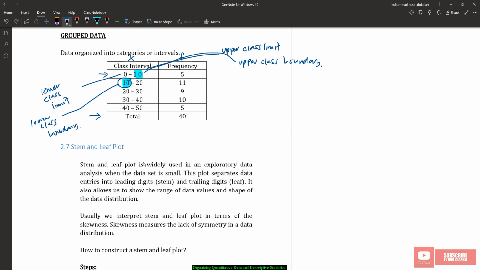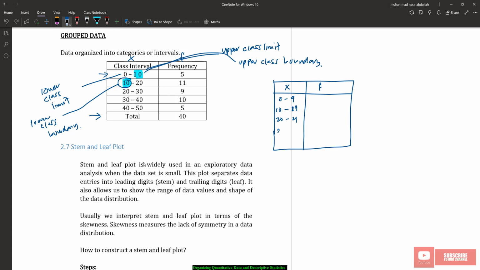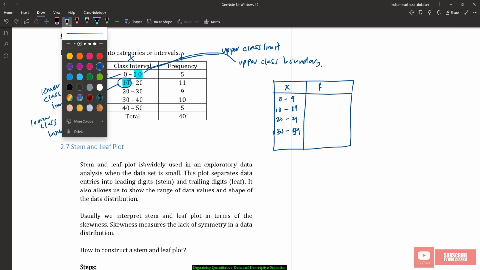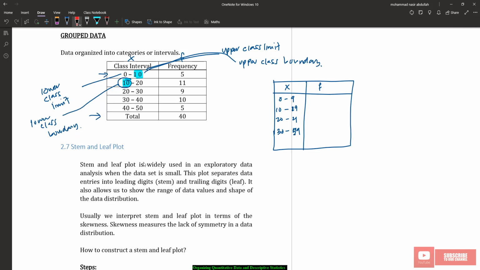Let's say another example. Let's say we have a frequency table for quantitative data, X and F. Let's say 0 to 9, 10 to 19, 20 to 29, and 30 to 39, for example. Now, look here. If you can notice, the upper class limit for the first class is not equal to the lower class limit for the second class.